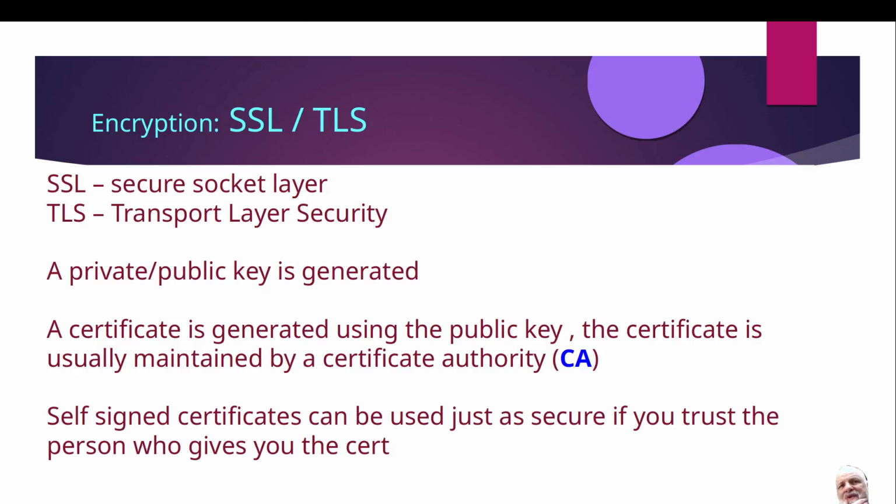But they generate a public key that you can get access to. Then you need to make sure that whoever hands that public key out is certified. So we have what we call a certificate authority.